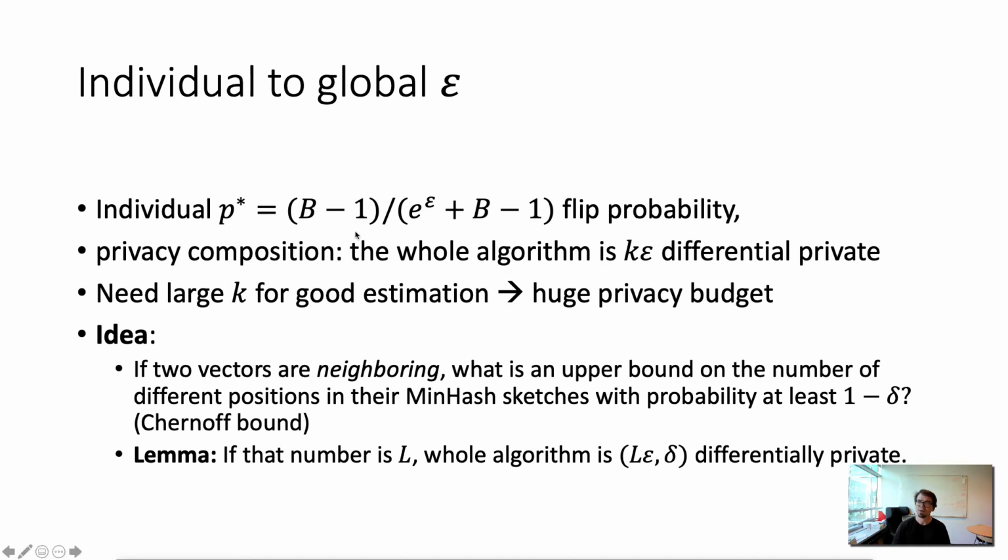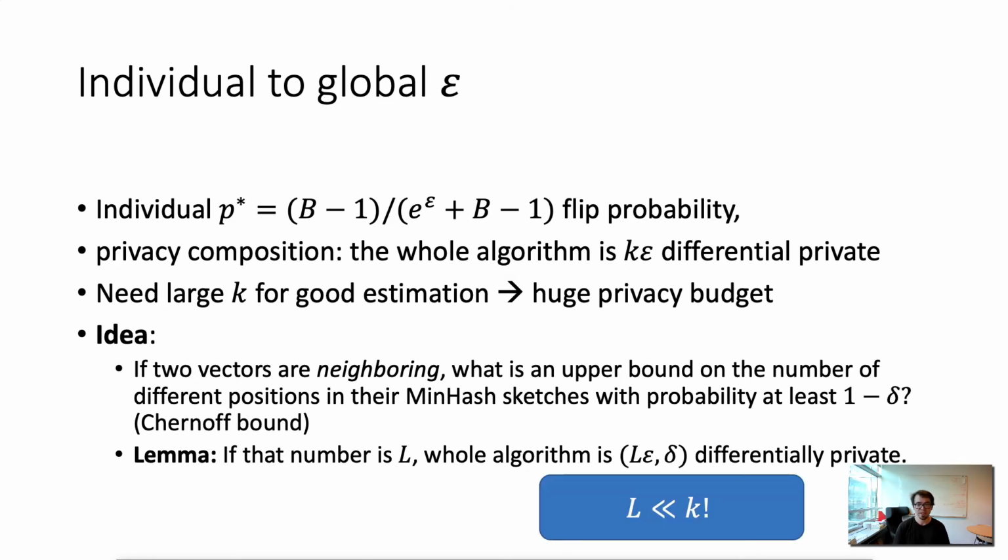And what we show is if we know this number, that we expect only that many differences, then we can split up the privacy budget differently in our flip probability, and then the whole algorithm will be L epsilon differentially private and not k epsilon differentially private, but we pay with this delta factor. In general, even for small deltas, we get L values that are much, much smaller than the general k.